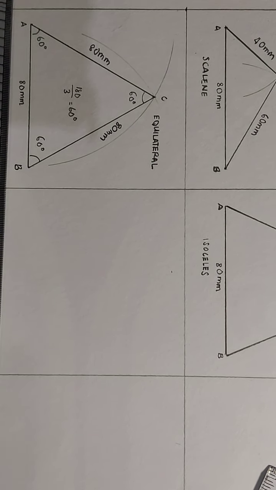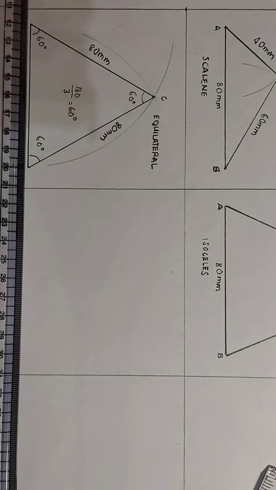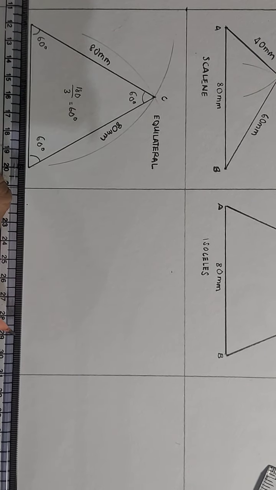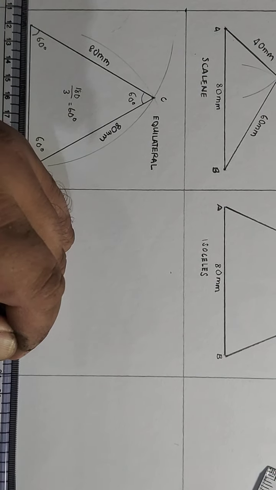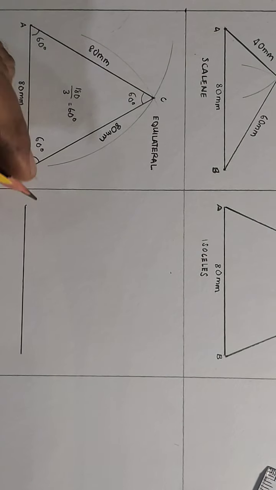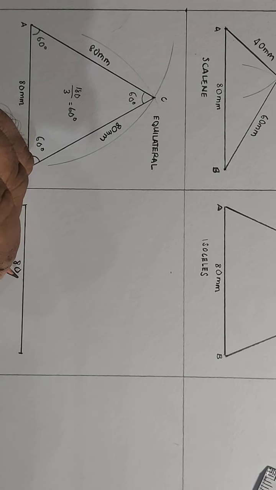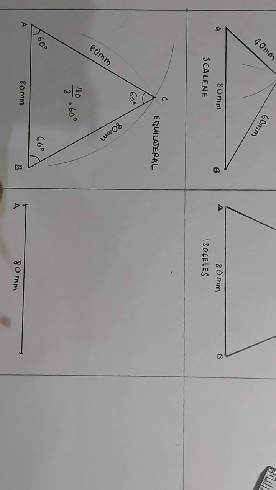First, I want you to draw, the same as the last one, from 22 to 30, which is about 80 millimeter, and mark it as A and B.